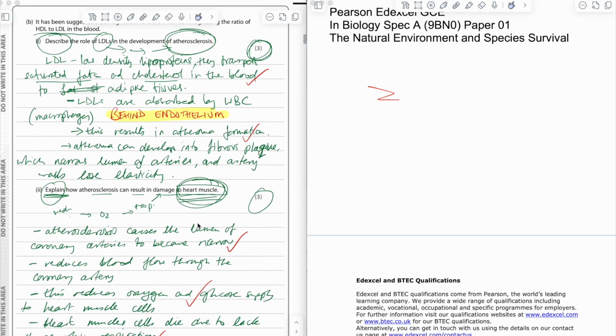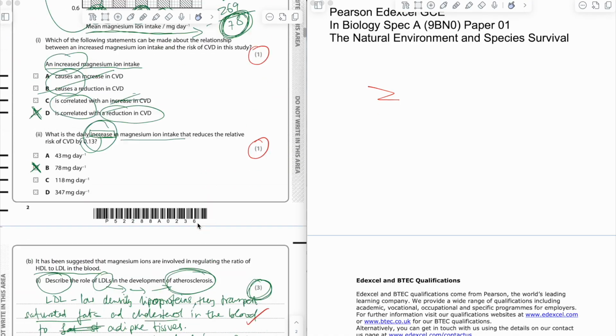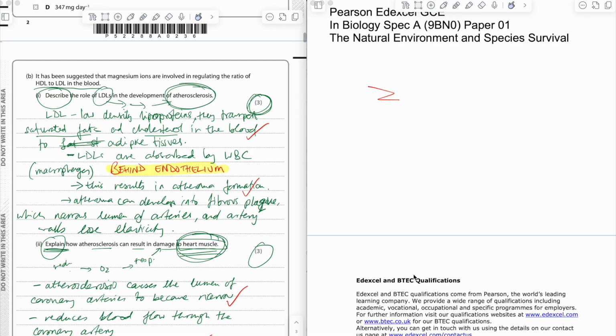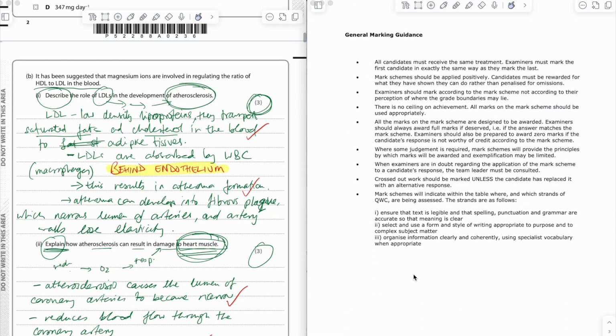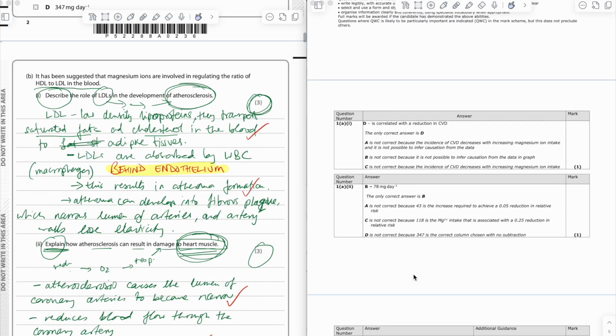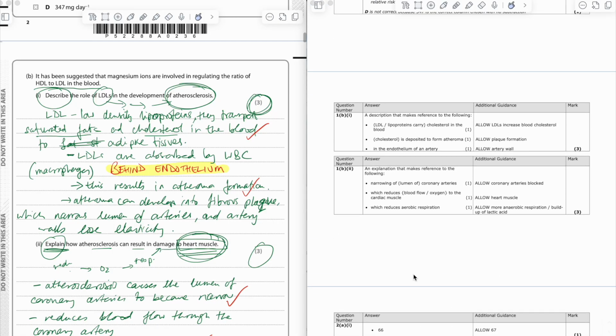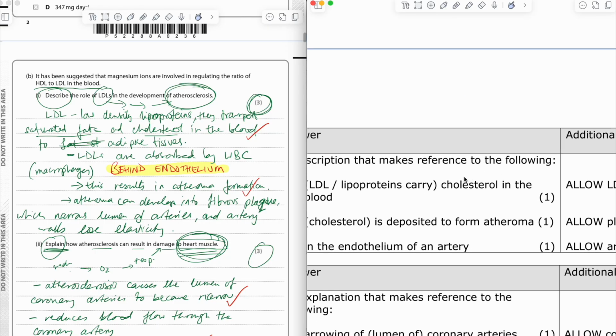So I've highlighted them in the paper where I lost marks. So first question, I know, a little bit embarrassing, but that's fine. Okay, so question 1B, part 1. I'll focus on the main parts of the mark scheme.